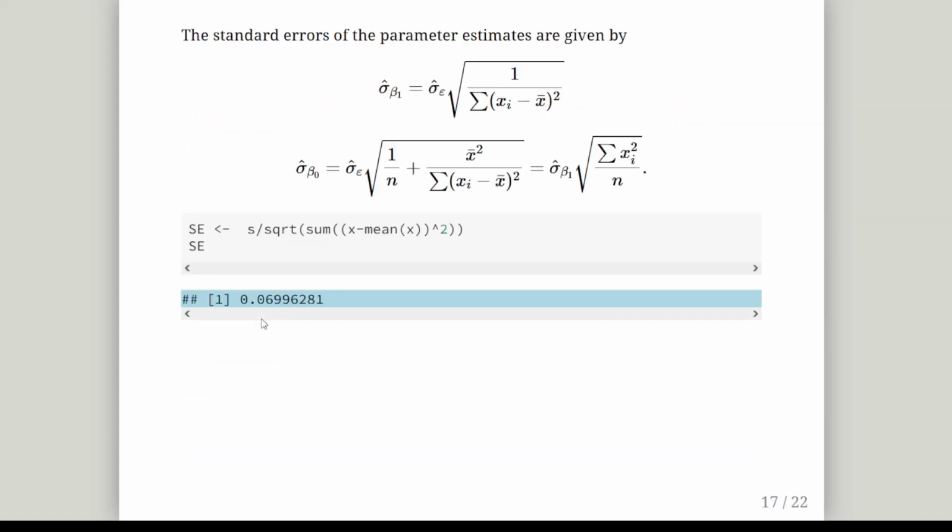Now, the standard error of the parameter estimates is given as follows. So we actually need this one here. It is the residual standard error times the square root of 1 over the sum of xi minus x bar squared. So this is not too bad actually.